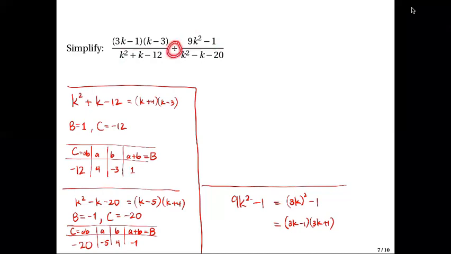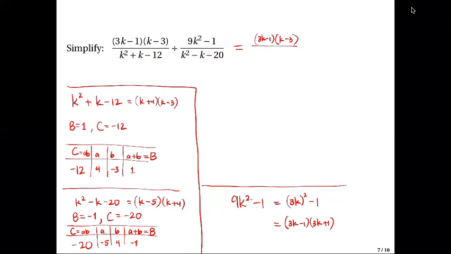And here you have division, so if we convert this to multiplication, we have to get the reciprocal of this, which means let's copy 3k minus 1 times k minus 3.